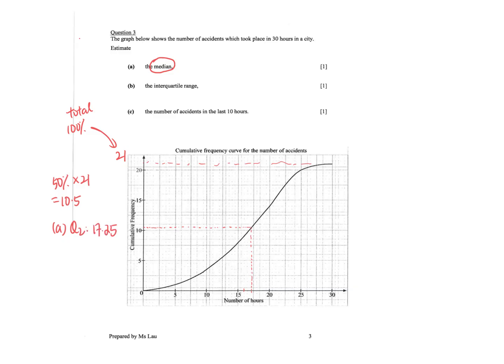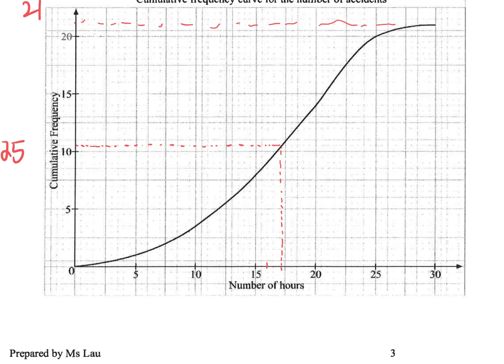Between 16 and 17, the two boxes, then it is a quarter of it. It is half of a box. You read carefully. It is 4.5 boxes.